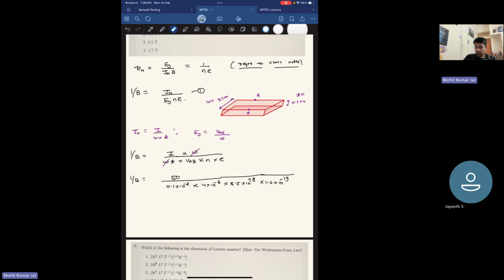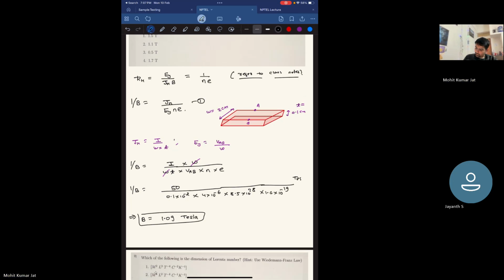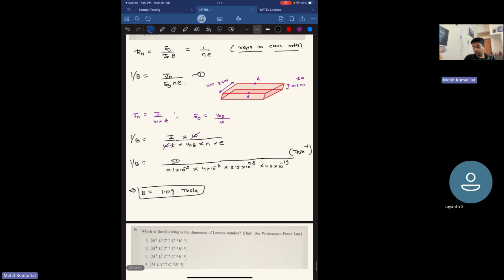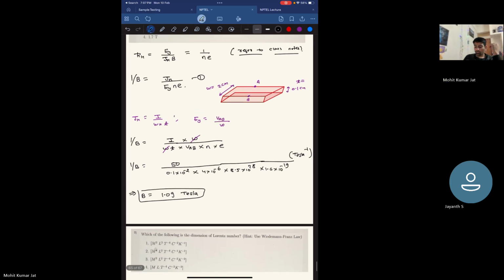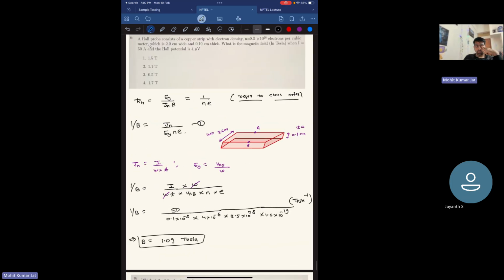That should be the correct answer. 1 by 0.91 is 1.09. This gives B equals 1.09 Tesla inverse. Yeah, so this is the solution of problem number 8.